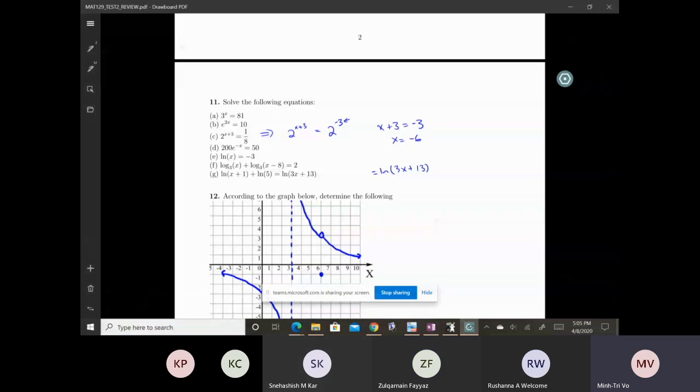So if I can make the left-hand side into a single log, because there are 2 different logs, this log and this log, then you just have to set the 2 things equal to each other, right? So I need to combine this into a single log.